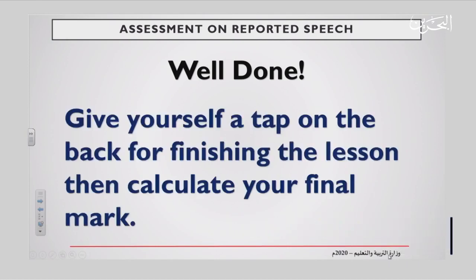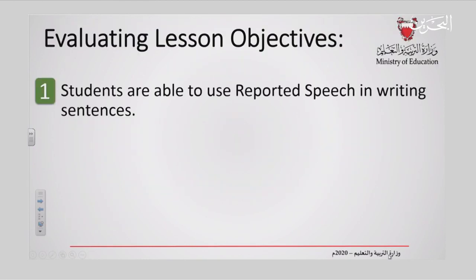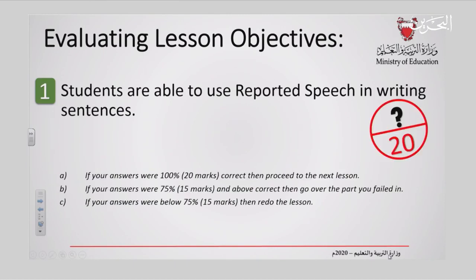Well done. Give yourself a tap on the back for finishing the lesson, then calculate your final mark. Now you are able to use reported speech in writing sentences. Now correct yourself out of 8. If you have 100% correct answers, that means 20 marks, then you can proceed to the next lesson.